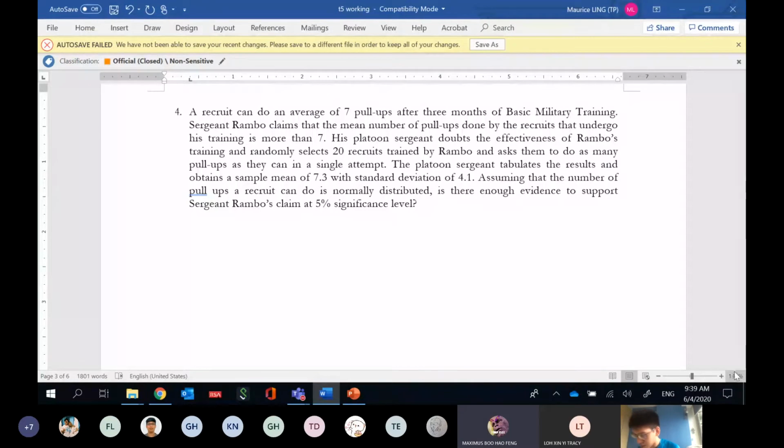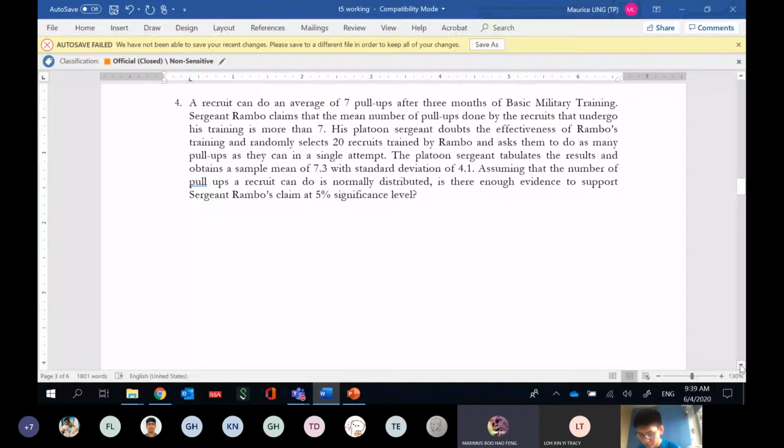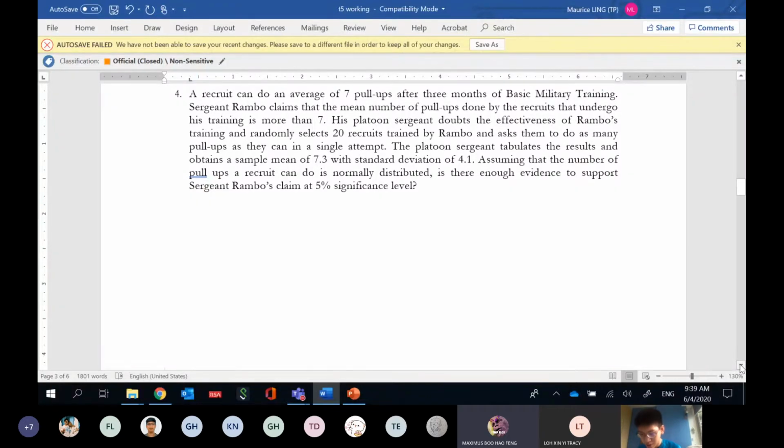What do I give you first? Null hypothesis. H0 colon. Okay, null hypothesis. You just say, I write it down. Mu equals 7. Okay, so the average pull up is equal to 7.